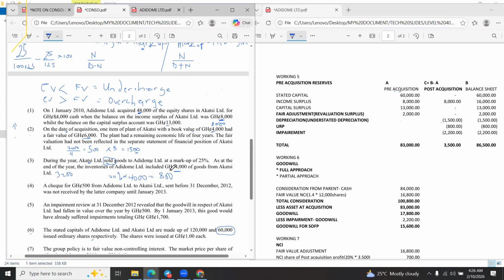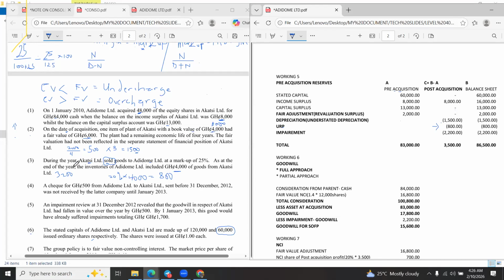That is why we call it unrealized profit, because you've not actually realized it. You only realize it when you sell it. But since you have them in inventory and have not realized the profit, we say come and less that profit from your determination of post-acquisition profit. So that is the 800 you see here for unrealized profits.